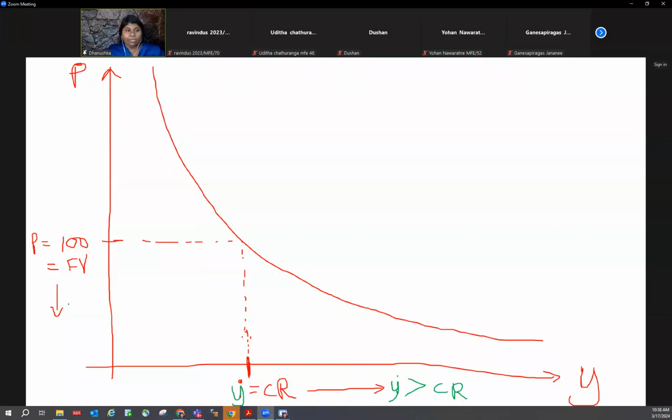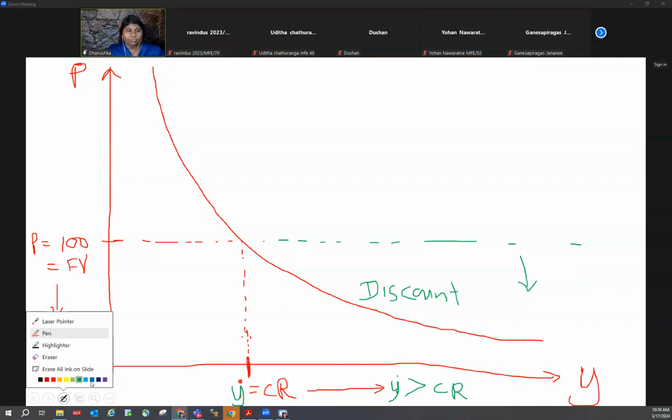And at any of these windows, your price is less than your face value. You have discount bonds in this region. Anything below this line, it's a discount bond, which is what we see, yield greater than your coupon rate.